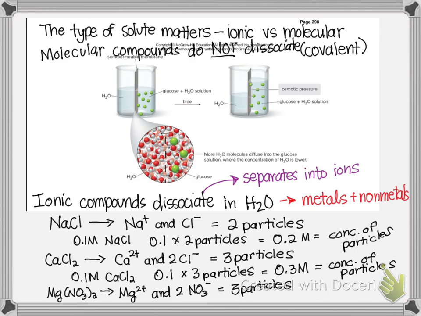And so they only form one particle, because whatever the molecule is, it's not going to separate anymore. So there's always just one. So if you have a molecular compound, the concentration of the chemical itself is the same as the concentration of particles because they do not dissociate. So it's ionic compounds whose particle concentration will be greater than the other concentration.